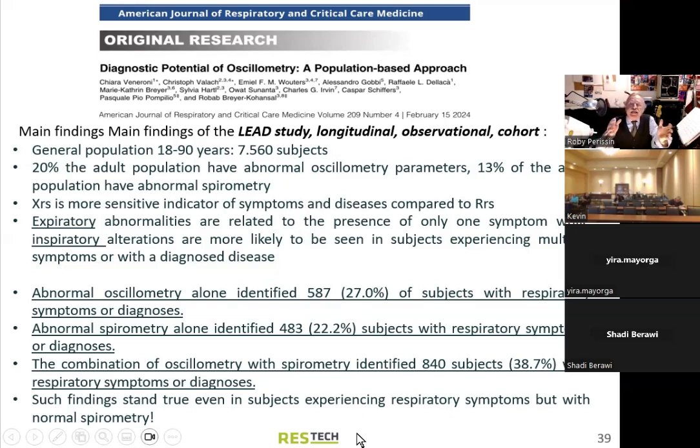Many asthmatics, which is a nasty disease, will come on a good day where they will have a rather normal spirometry, but they are asthmatics, and you will catch them with oscillometry. And funny enough, we found out on 7,500 subjects that the most sensitive indicator of symptoms and disease is actually reactance, the small airways. It's where you will see more of that.